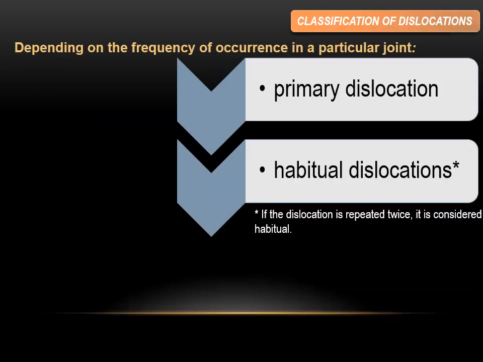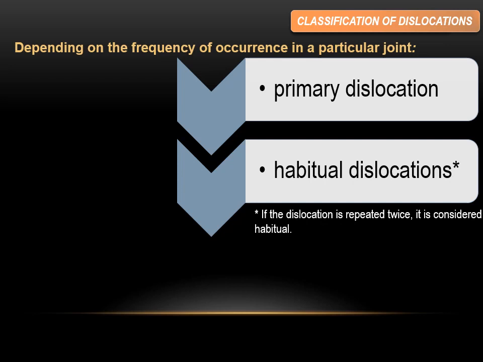Depending on recurrence, a primary dislocation is distinguished, which happened here at one time, and a habitual dislocation. Habitual dislocation is a pathology in which dislocation in the same joint, in the same direction, occurs repeatedly.